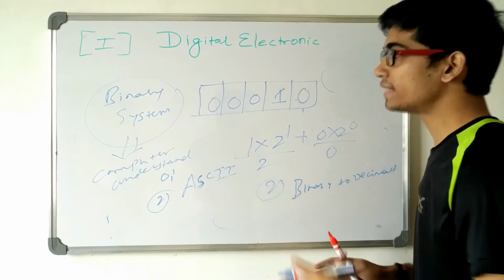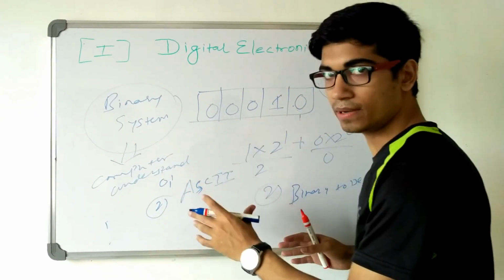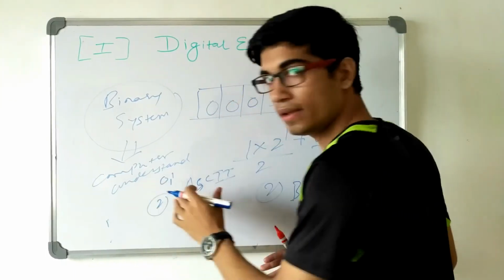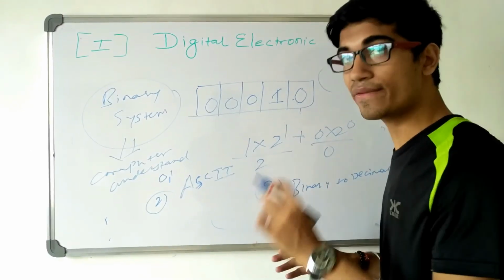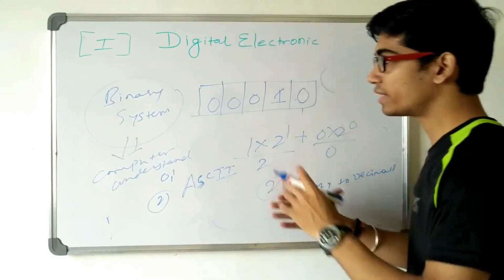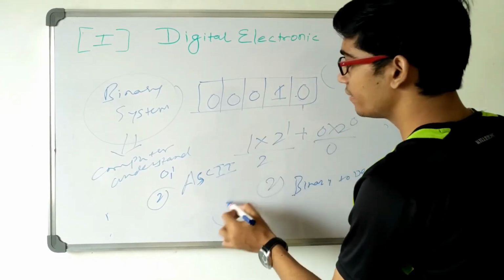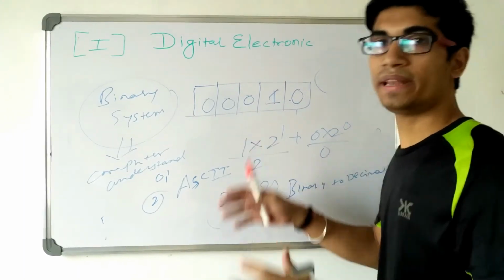But before this, it was very necessary to know why the binary system was developed and why it is used. Because a computer only understands 0 and 1, and understanding 0 and 1 means the computer understands high voltage and low voltage. So the circuitry involved somehow resolves this, and we make the computer understand our decimal numbers or many complicated things.